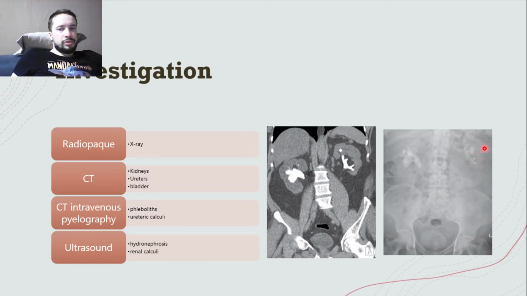Many concrements, many stones. For initial diagnosis, however, CT of the kidneys, ureters and bladder, non-contrast. What we see in the picture: on the left kidney, stones, stones, stones, and the bladder.